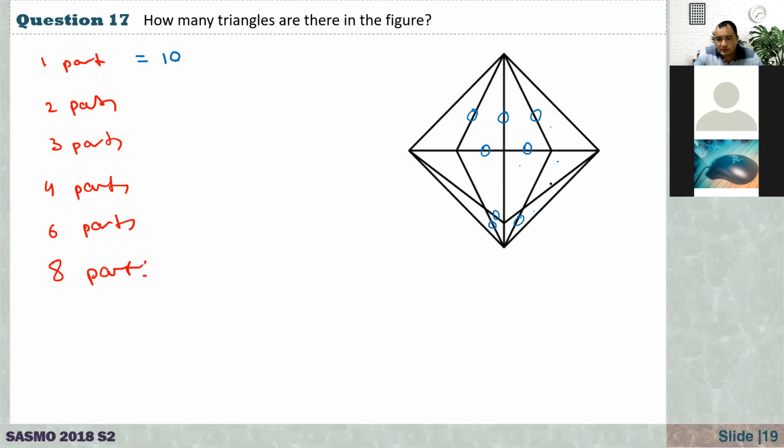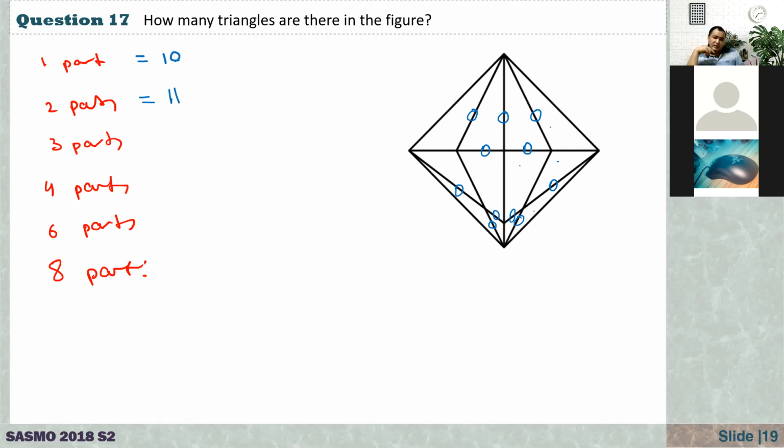And this one is 9, right? And this one is 10. And this one is 11, right? Do we have any more? No, we don't have any more, right? So it is 11.